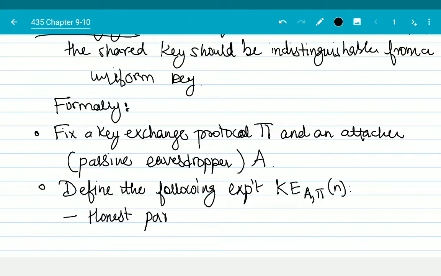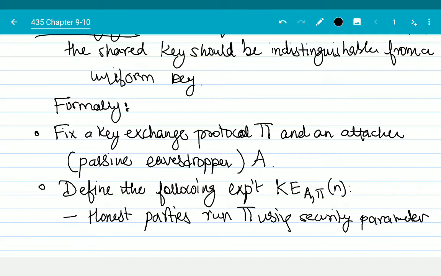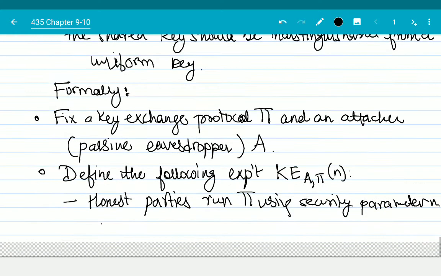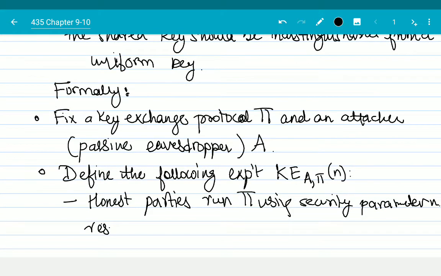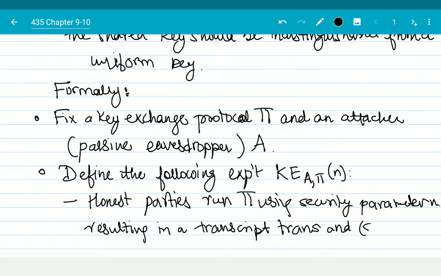Honest parties run pi using security parameter n, resulting in a transcript, which we are going to refer to as trans, and shared key k.